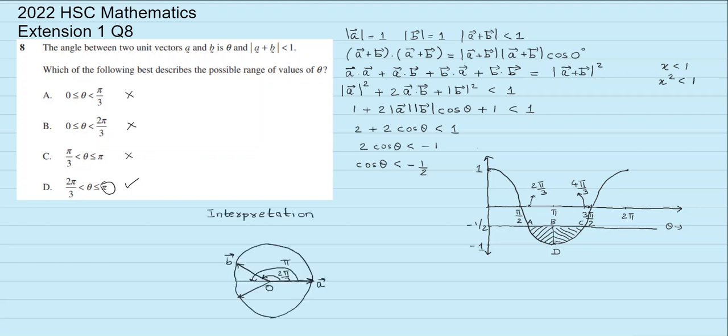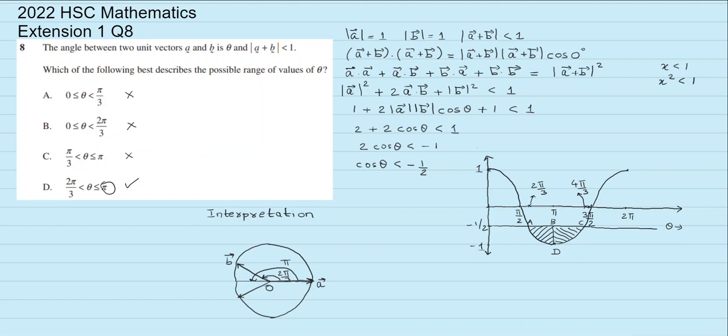Now let's interpret the answer in another way. So we have a unit circle. Vector A is a unit radius vector I have drawn here, and then vector B, which is also a unit radius. The answer that we have arrived at is option D. The angle between the two should be greater than 2 pi by 3 but less than 180.